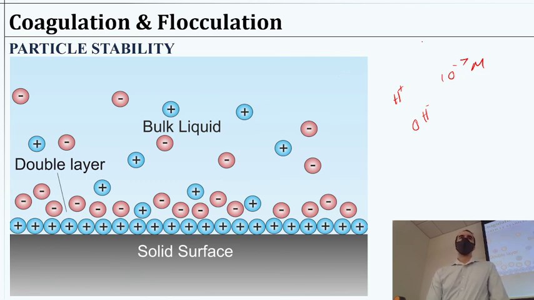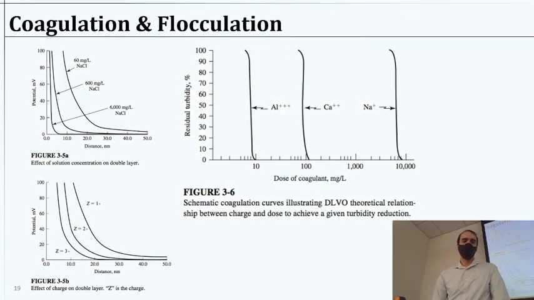So depending on how pure or how salty your water is, that's going to dictate the length of your system here. Conversely, we can add salt or add ions to shrink that double layer. And that is exactly what we do with coagulation. So coagulation, that's one way in which we do it.